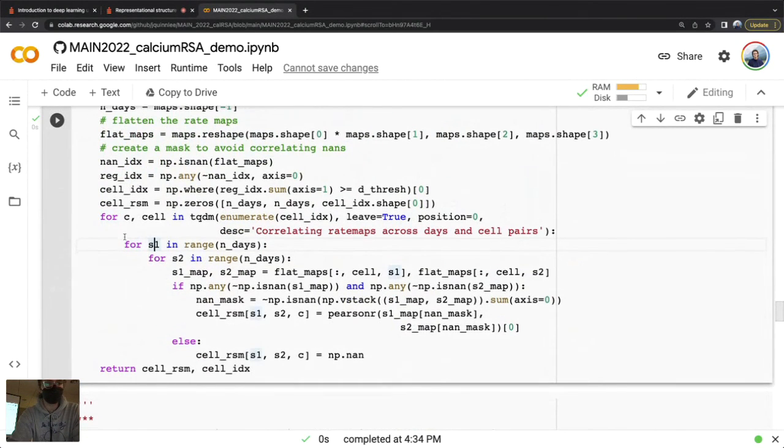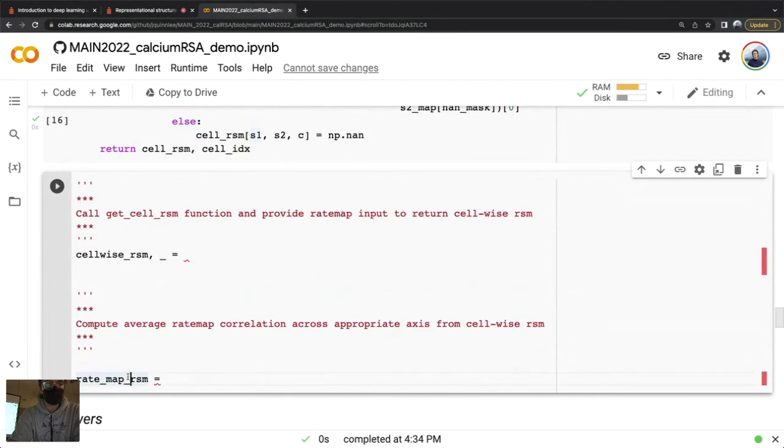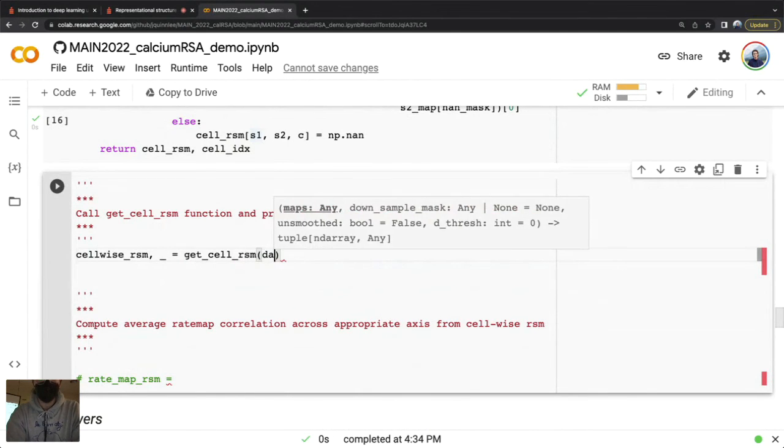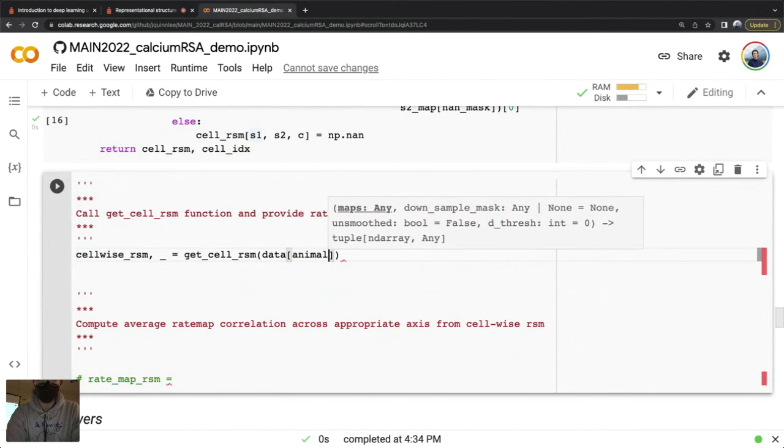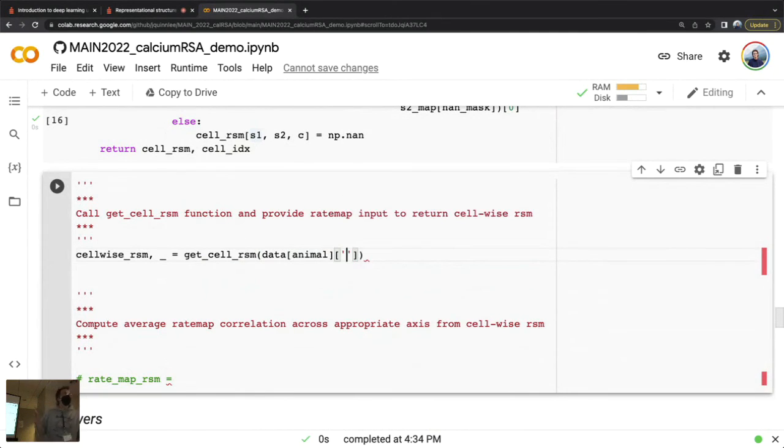So I just want to show you what this returns real quick. We say get cell RSM. We could say data animal. You want to get the rate maps, what do you put there? Remember? Maps.